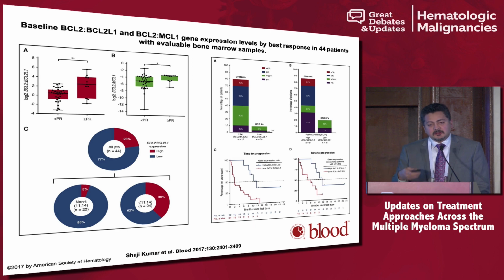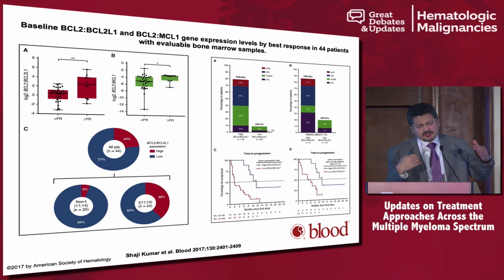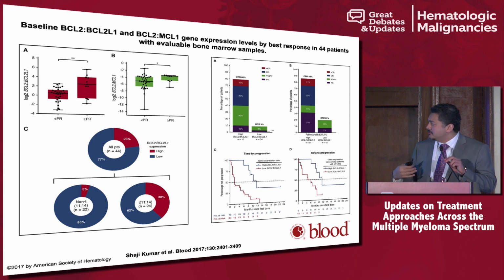And this prompted the thought that maybe we might be able to develop a biomarker-driven therapy for myeloma that targets the translocation 11-14 patients. Then the investigators also looked at this from a gene expression perspective on the plasma cells as well as the peripheral blood mononuclear cells, and found that patients who have a high BCL2 to BCL2-L1 ratio, another intermediary molecule within the caspase death pathway, are the ones who have the best response within that subgroup.